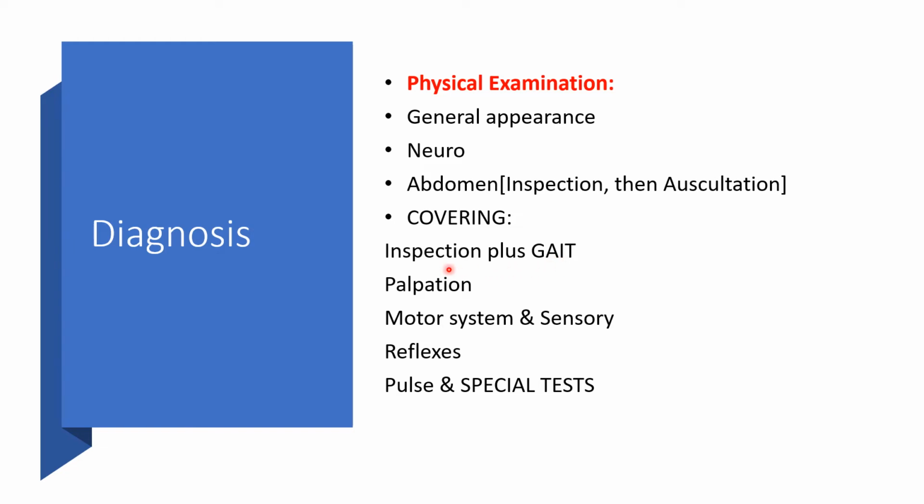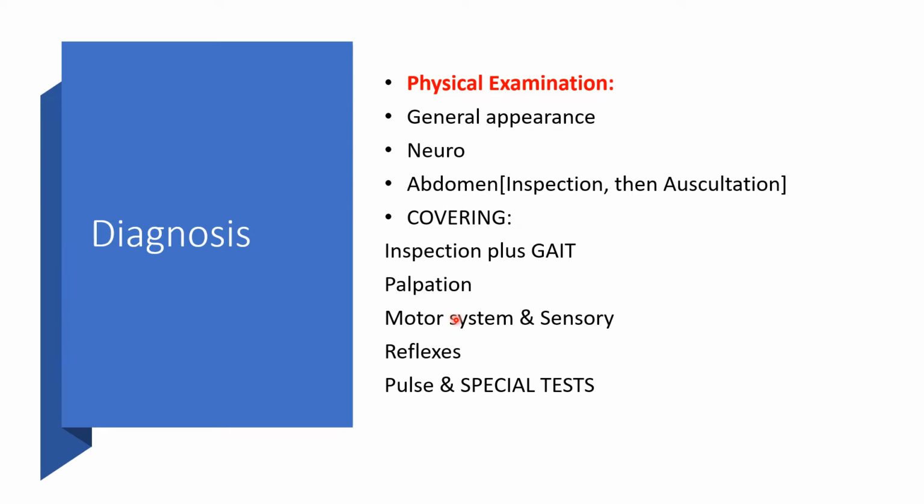So we will inspect for swelling, erythema, atrophy, deformity, scars. Don't worry, I'll still get into that. Palpation for temperature, tenderness, crepitus, then effusion and range of motion. Then we'll have motor and sensory done.